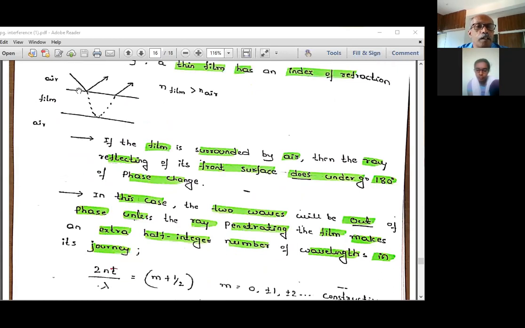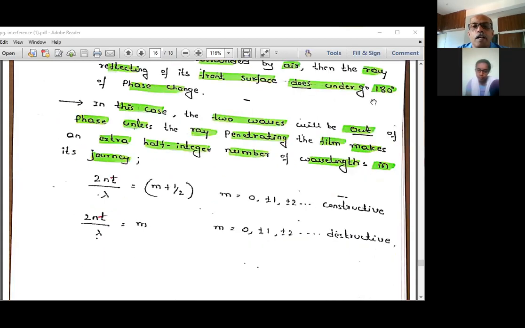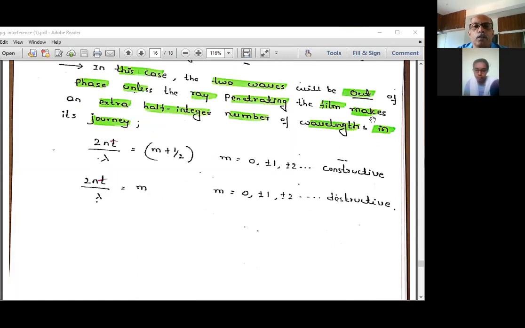If it gets reflected from the upper surface of the thin film of refractive index n, then there is a phase change of 180 degree or pi radian. In this case, the two waves will be out of phase. 180 degree ಅಂದ್ರೆ we say that there is out of phase ಅಂತ ಹೇಳ್ತೀವಿ.